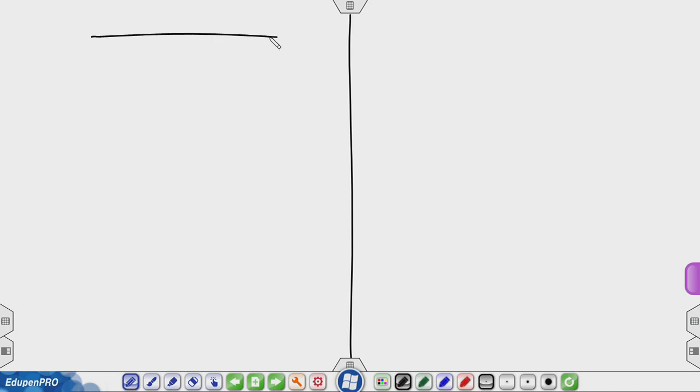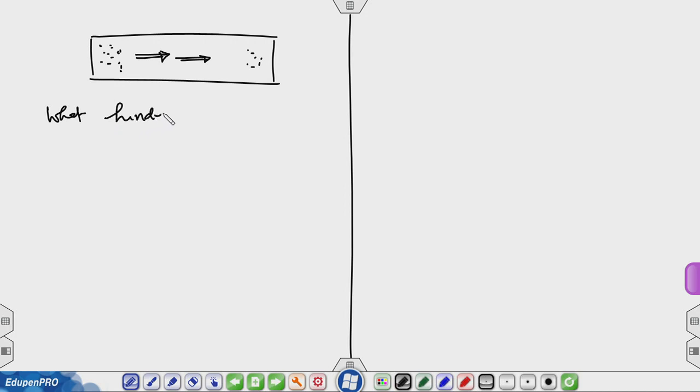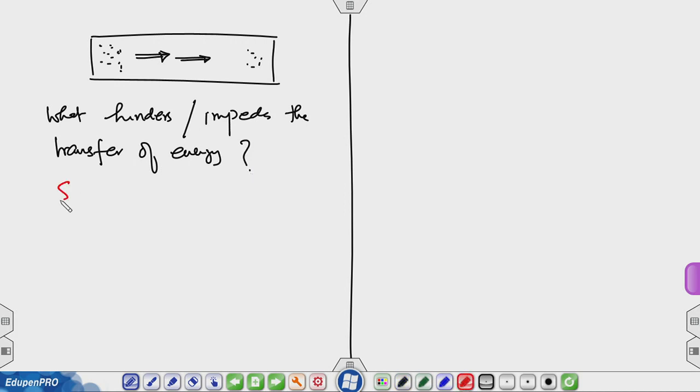So, the picture we have is that these phonons, higher in energy, lower in energy, they start carrying energy to the side, and what hinders or impedes the transfer of energy? That is, it gives rise to resistivity, and that is scattering of phonons.